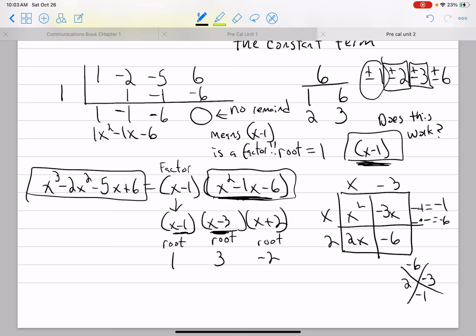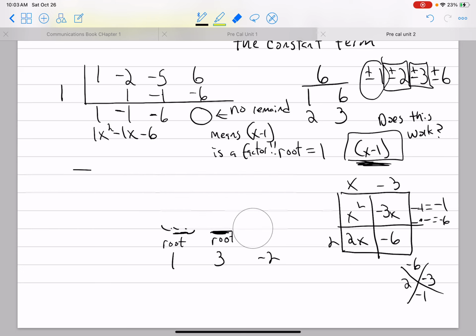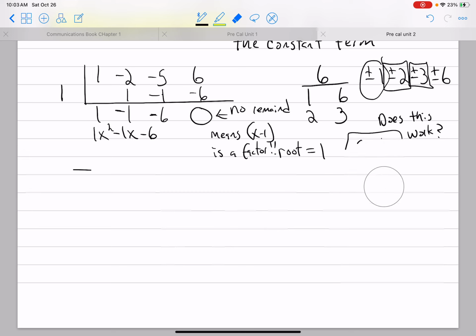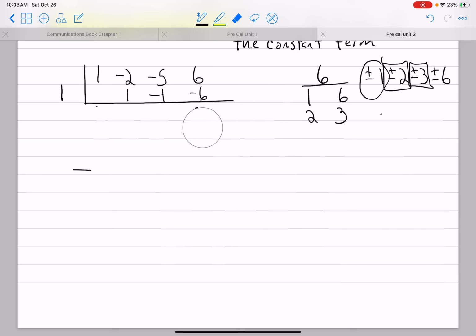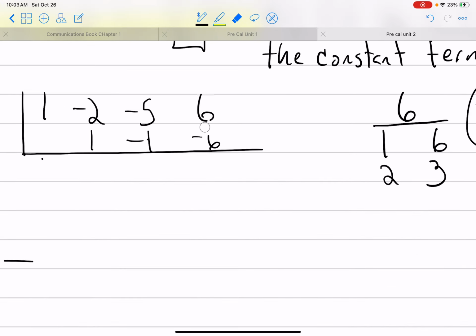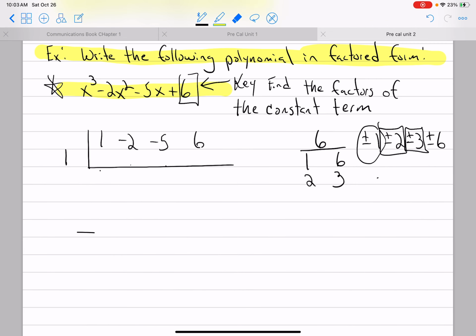I'm literally just going to show you one more piece. I'm going to erase mine, but you're not going to erase. But check this out. Let us pretend that we didn't get lucky the first time.